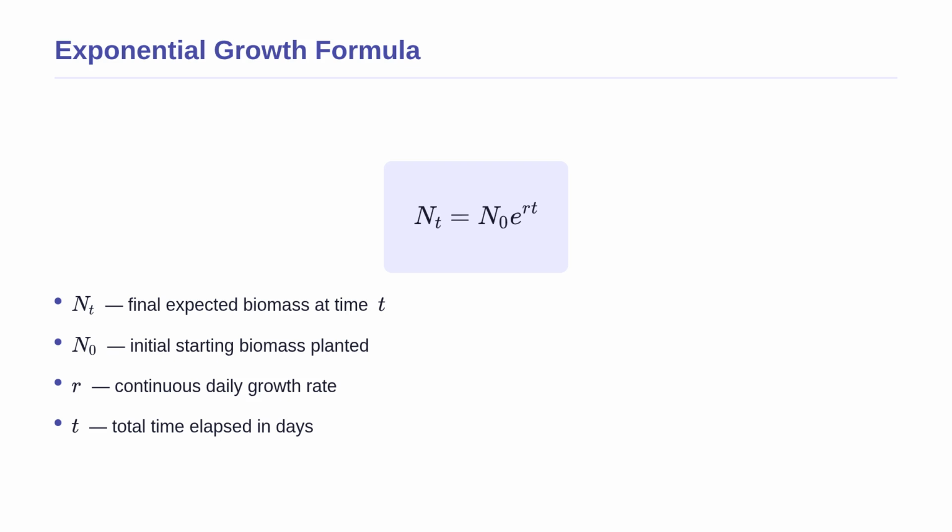The letter e is the natural mathematical constant. The variable r represents the daily continuous growth rate, and t is the total time in days. If the growth rate r increases, the final biomass will grow exponentially larger. This formula perfectly models continuous biological growth under optimal conditions.